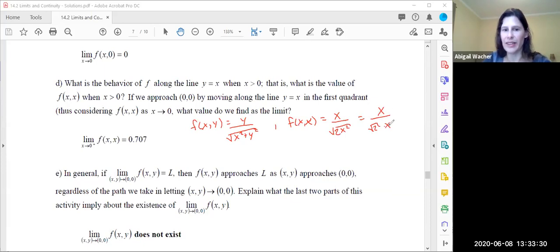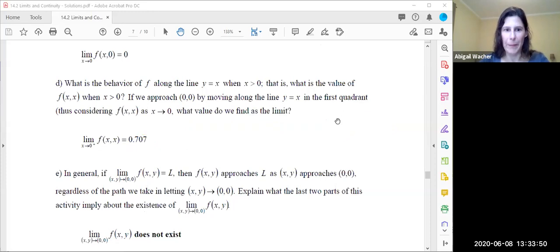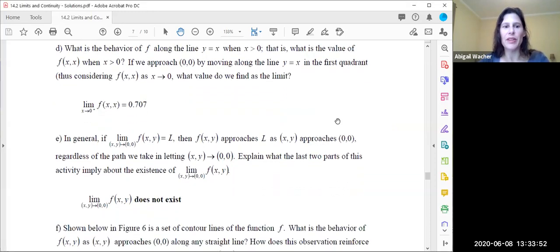Okay, the x's cancel. It's not defined at 0, of course. So you're getting 1 over the square root of 2, which is 0.707, to 3 decimal places, even though at x equals 0, it is not defined. Okay. So here we go.